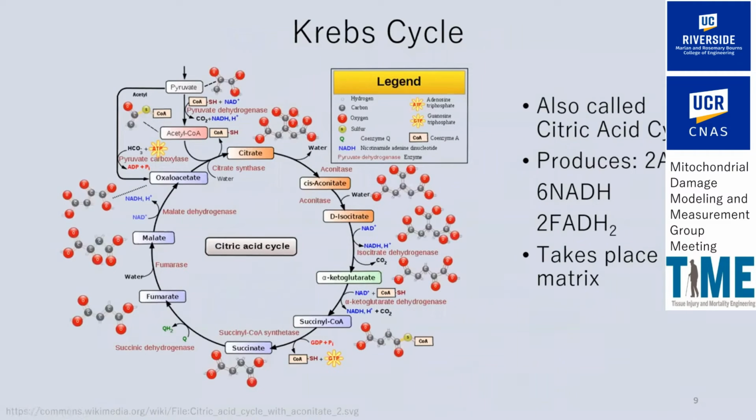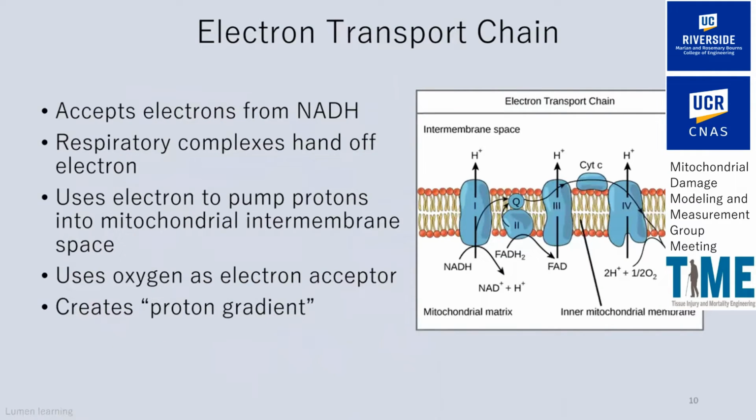This is carried out by the Krebs cycle, also called the citric acid cycle, and it takes place in the mitochondrial matrix, which is inside the inner membrane. Specifically, this cycle produces NADH, and this is then used to hand off electrons between different protein complexes in the electron transport chain.